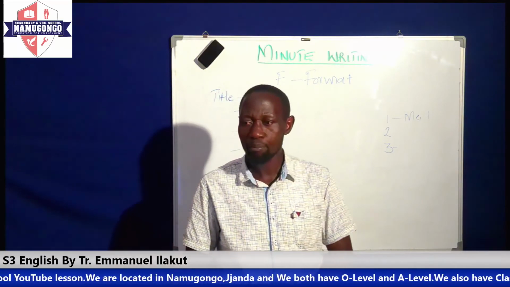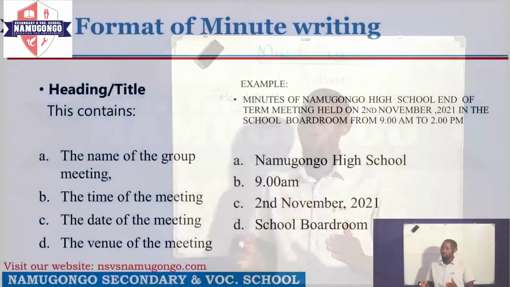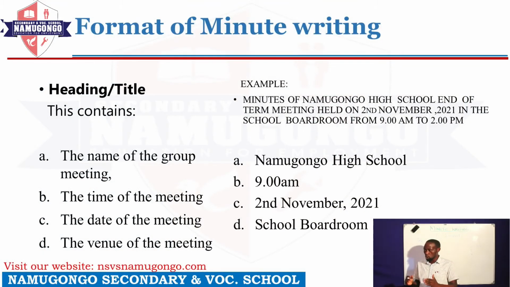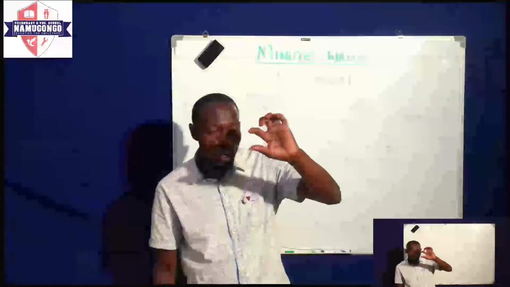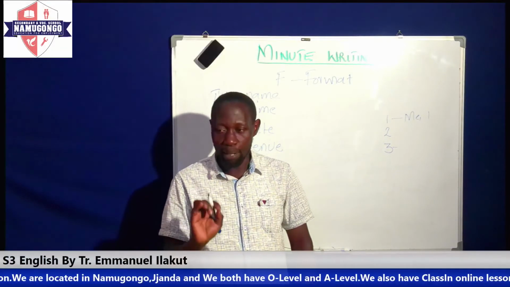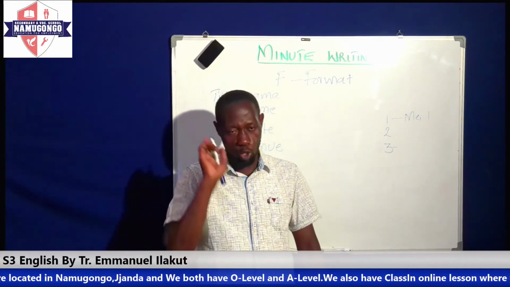Minutes of Namgongo High School end of term meeting held on 2nd November 2021 in the school boardroom from 9 a.m. to 2 p.m. The name of the group meeting is Namgongo High School.